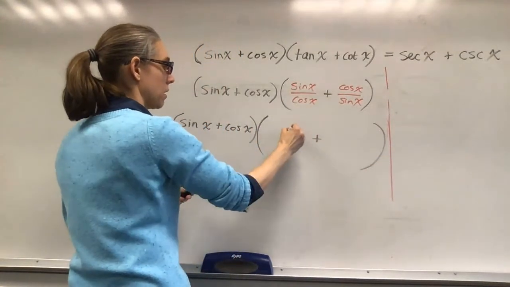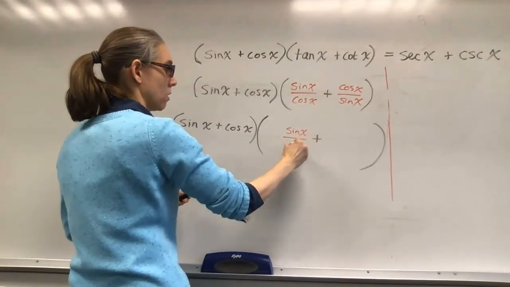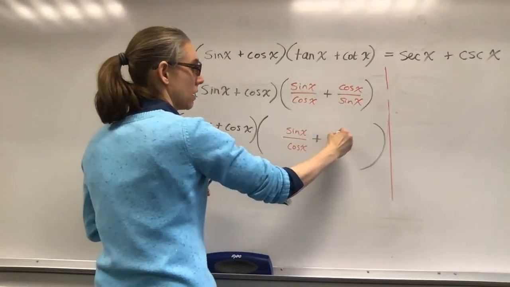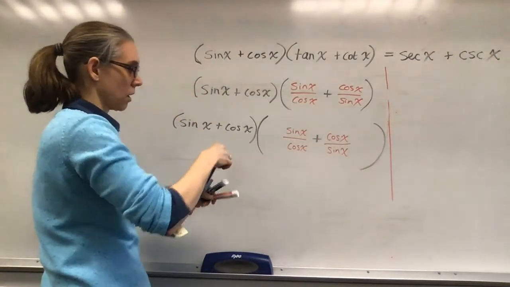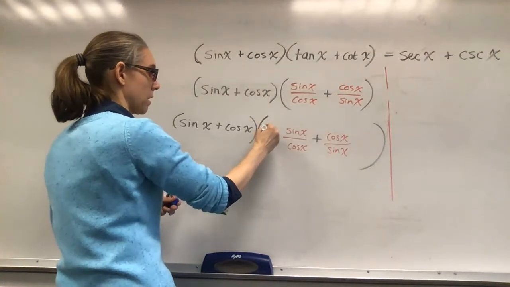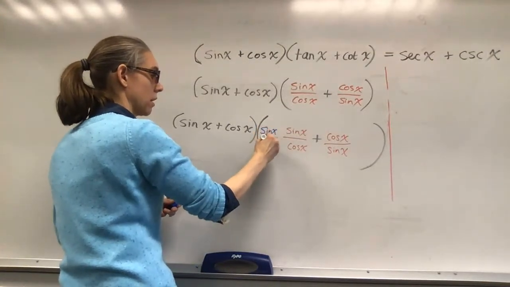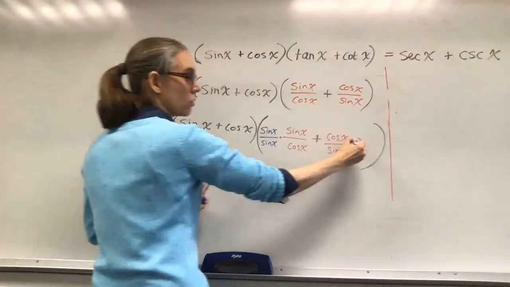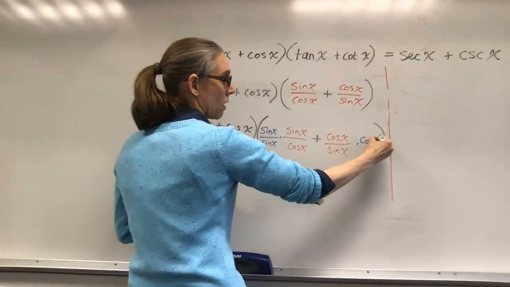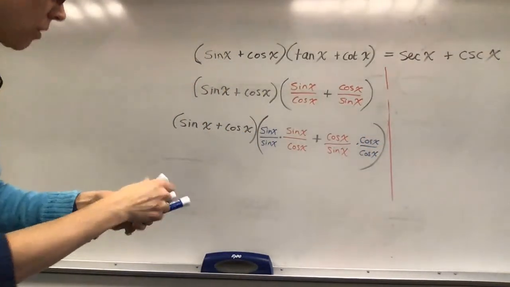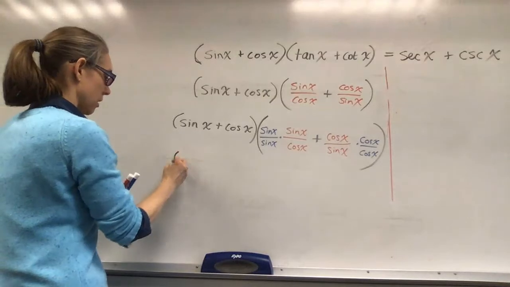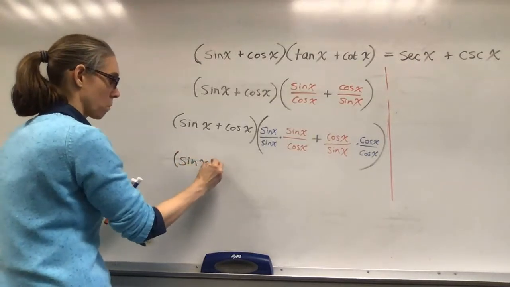I have my sine x over cos x and cos x over sine x. And now let me just multiply this by sine x over sine x, and this one by cos x over cos x. And what will that do? Let me just keep this on the outside.